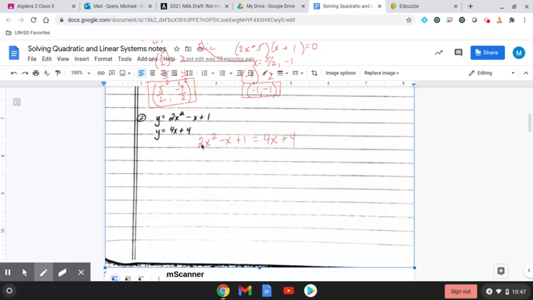I just like to keep the x squared term positive, so again I'm going to subtract 4x and subtract 4. It's going to look similar to the last question. We got negative 5x and minus 3. Again we've got prime numbers, which means if this is factorable, it's pretty easy to determine.